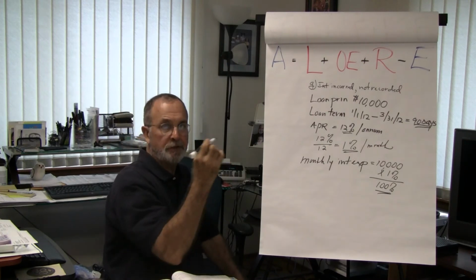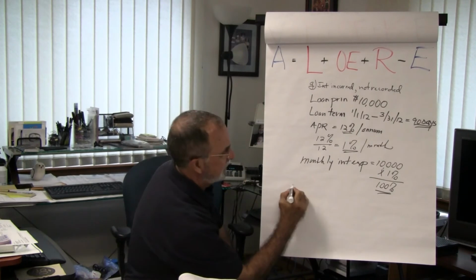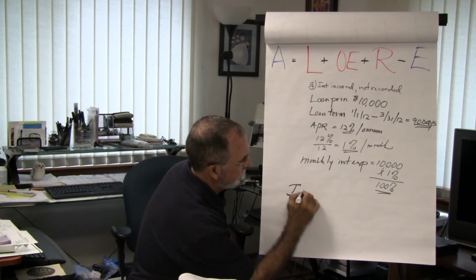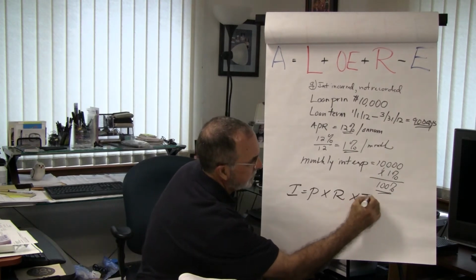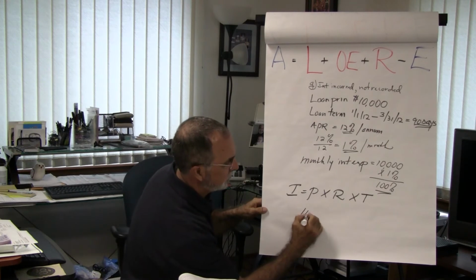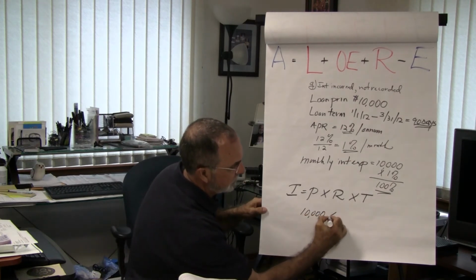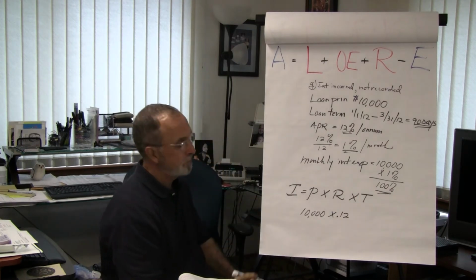I think it's important to note that the formula for interest is principal times rate times time. And so our principal is $10,000. Our rate is 12%, stated as a decimal 0.12.